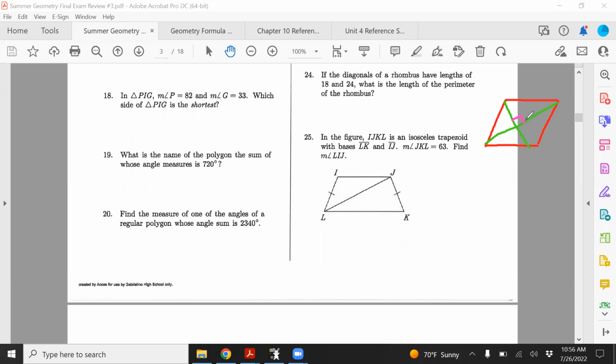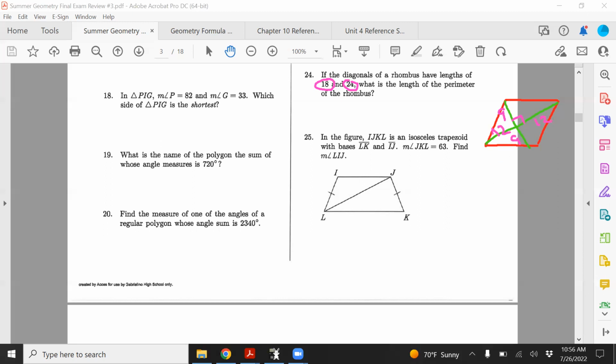Okay, so you got yourself a right angle. Now, this is length of 18 and length of 24. So that's 9, and that's 9. Okay. That's 12, and that's 12. Hope you guys can see that. It's 9, 9, 12.